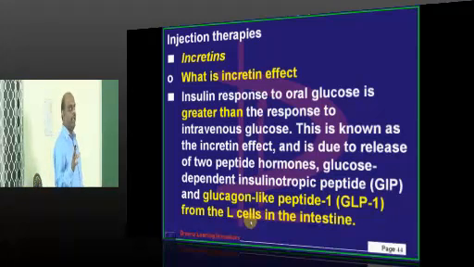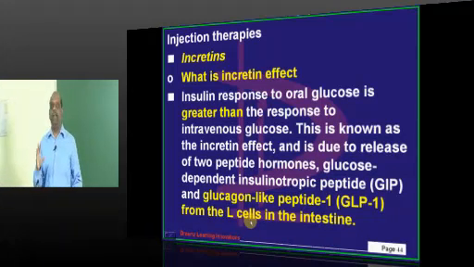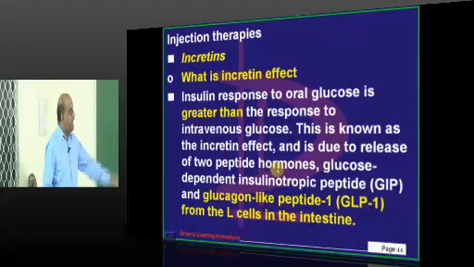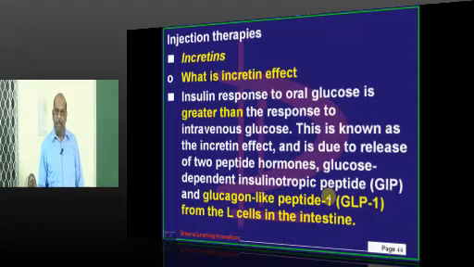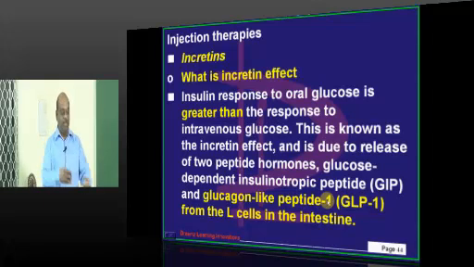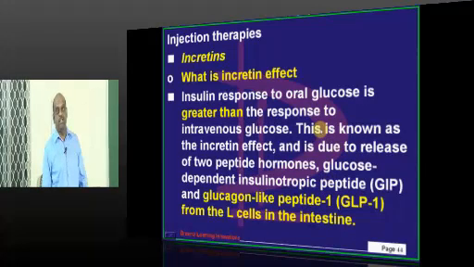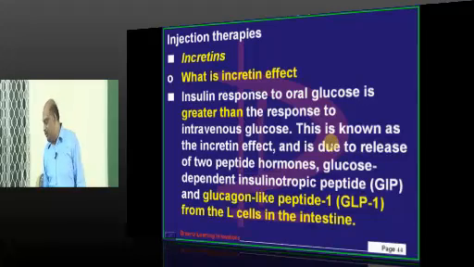There is a type of cells called L cells in the intestine. They release it. And due to the release of this GLP-1 and GIP, the amount of insulin produced in response to oral glucose is more than the intravenous glucose, which is called the incretin effect, is what you have to basically remember.